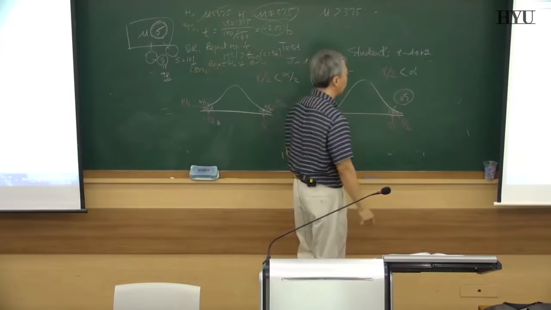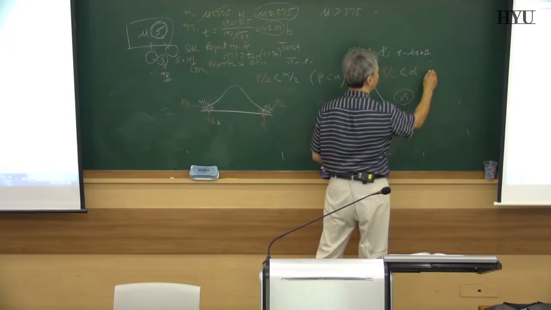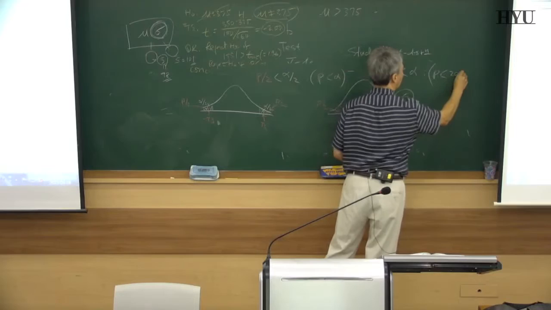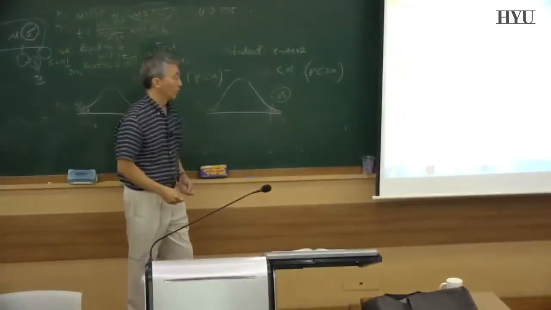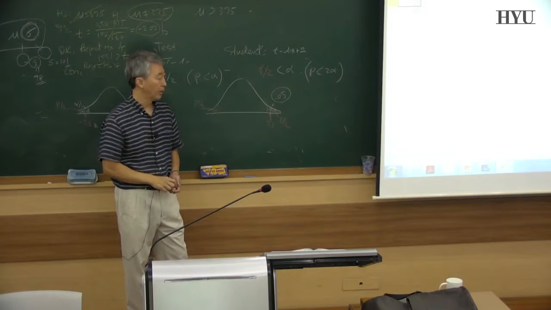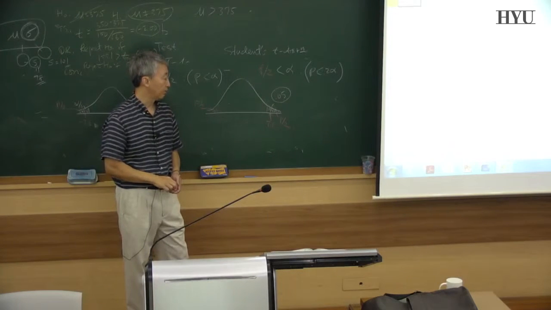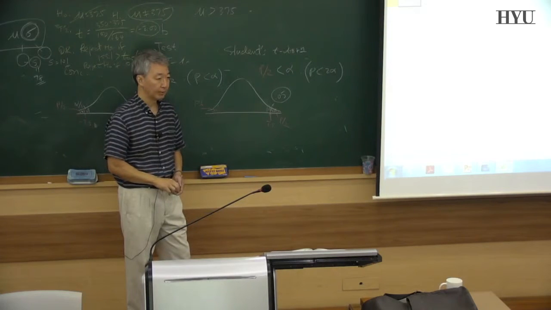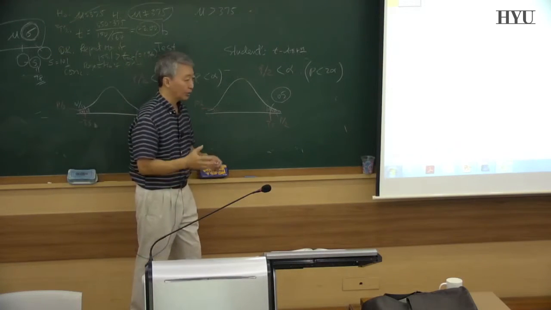That's the difference. So many times I suggest that if you're running a one-tailed test, your decision rule should be: reject the null hypothesis if p is less than 2 times alpha.